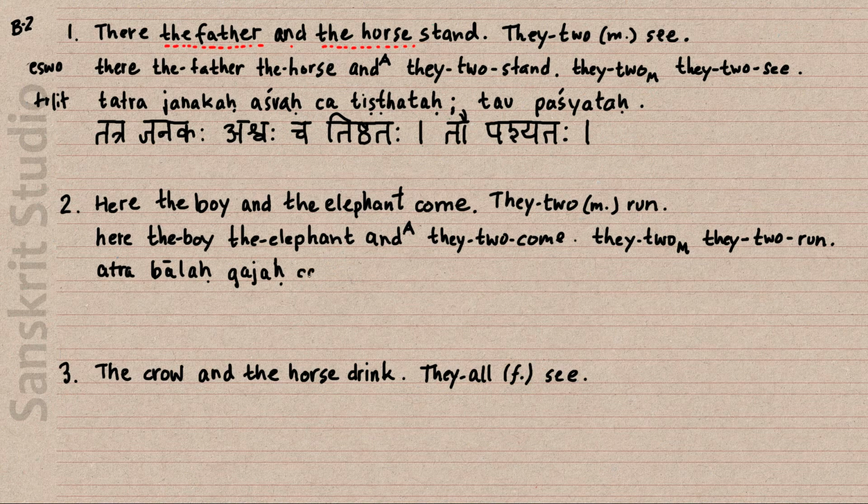You are very welcome to revisit. Atra balaha gajjaha cha. So we have the cha here, the "and" conjunction, indeclinable conjunction, and they two come. So we have agachati, which we should know by now, but we have to have it for dual, so we have to have the taha ending there.